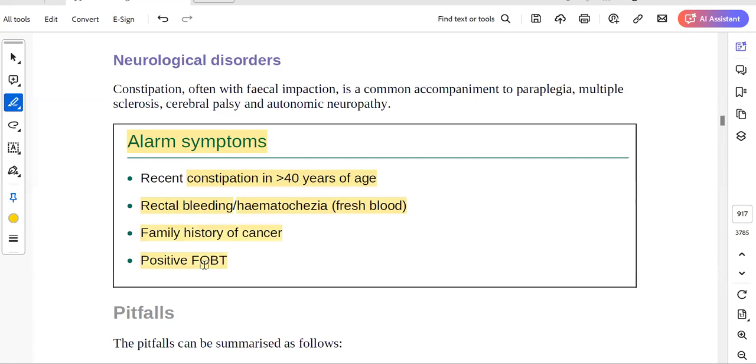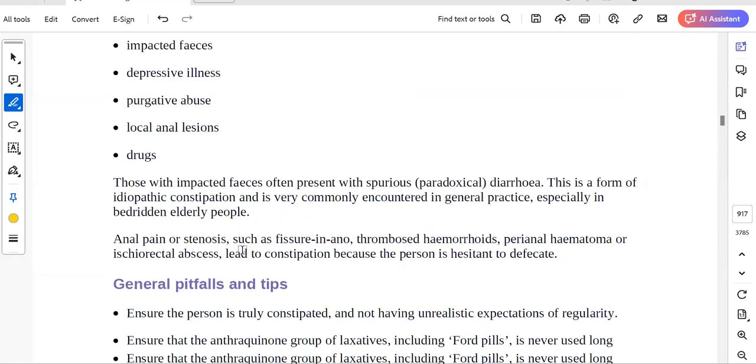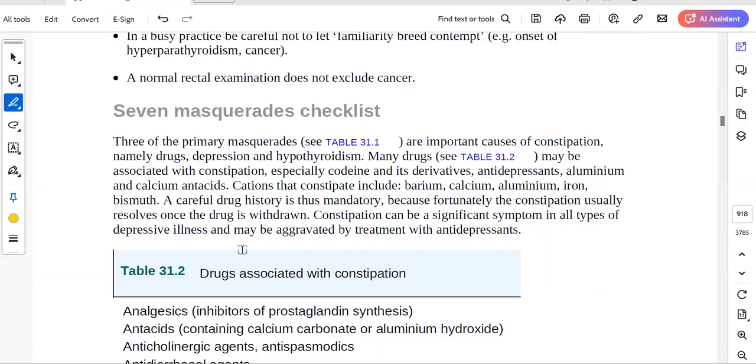So you send the stool to the lab, and the lab looks into the stool for any hemoglobin or red blood cells. We only do the FOBT if we are looking for an occult bleeding, but the patient cannot see any blood on the stool. Sometimes under the microscope you can see some red blood cells. So these are all the alarming symptoms for constipation.